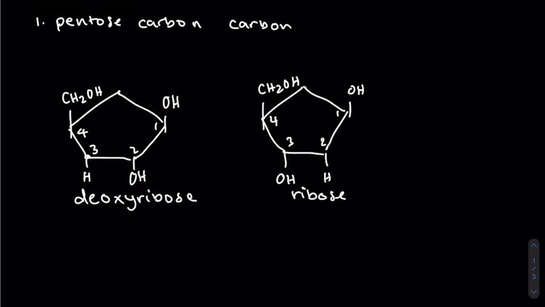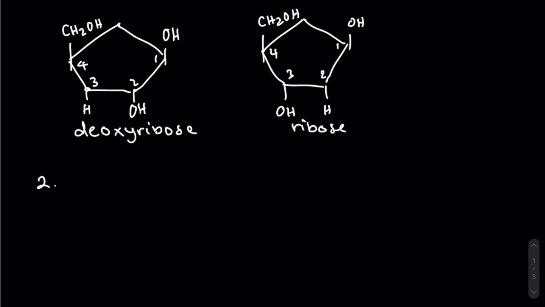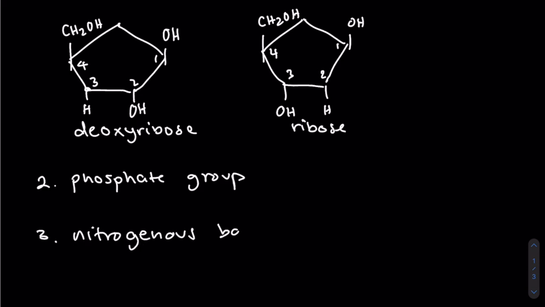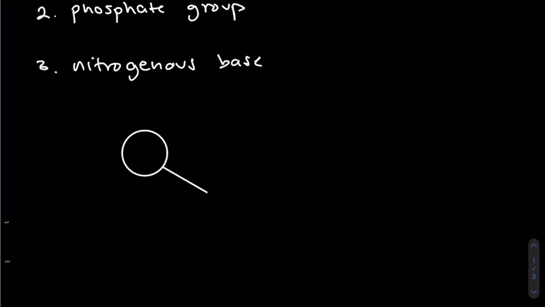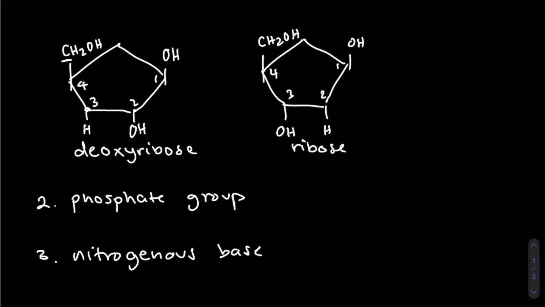So the second part of the nucleotide is a phosphate group. And the third one is a nitrogenous base. So we need to know how to draw a nucleotide, and the phosphate group is represented with a circle, and it's connected to the pentose sugar by the 5' carbon, so by this carbon.